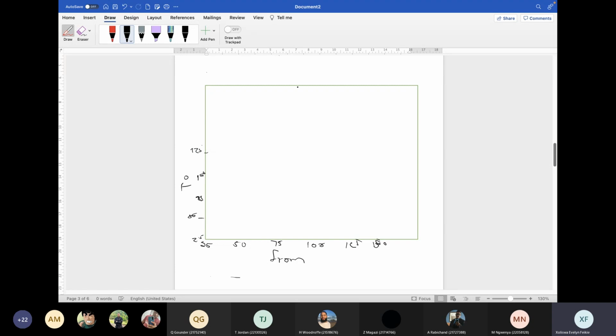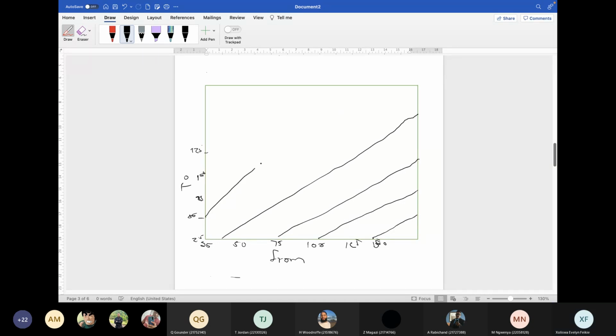And then they have lines, right? The first thing that you need to do, what you don't have in your book, they have different diagonal lines, moving in that direction. So these are the lines that they have. I'm trying to imitate what you have in your book.